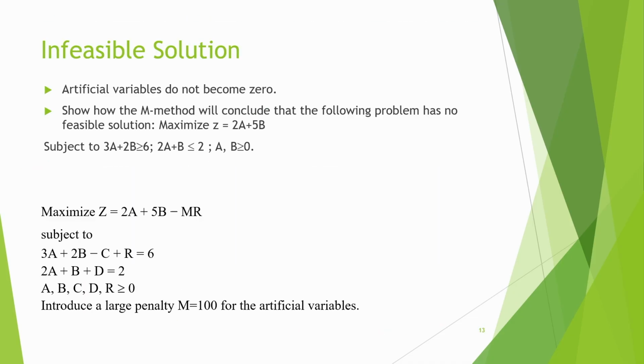Then finally, let me discuss the infeasible solution type of thing, when artificial variables do not become 0. Suppose Z is equal to 2a plus 5b subject to 3a plus 2b greater than 6, 2a plus b greater than 2, a, b greater than 0. So maximize Z is equal to 2a plus 5b minus 5r subject to 3a plus 2b minus c plus r, and a plus b plus d is equal to 2, and here also I put a large penalty for artificial variables.